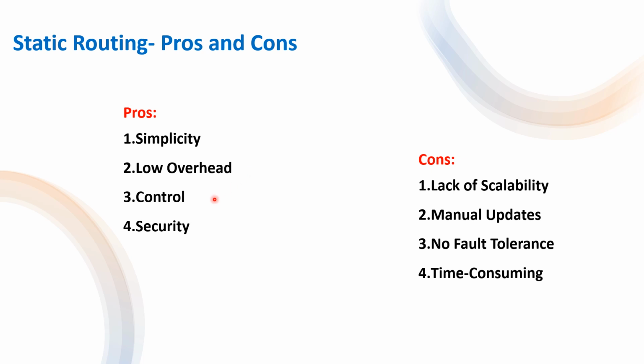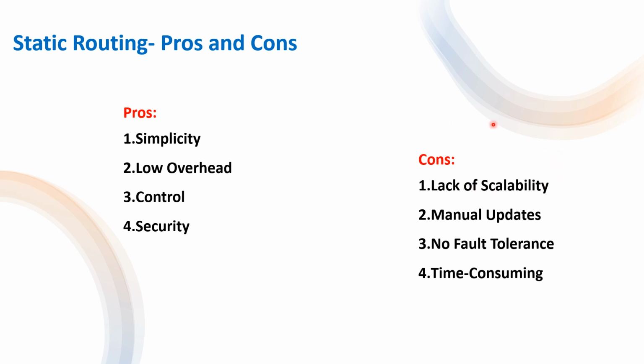Static routing gives administrators complete control over the network path, ensuring predictable data flow. Since routes are manually configured, it adds a layer of security, reducing exposure to certain protocol-based attacks.